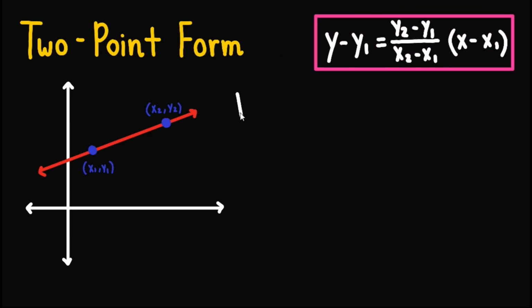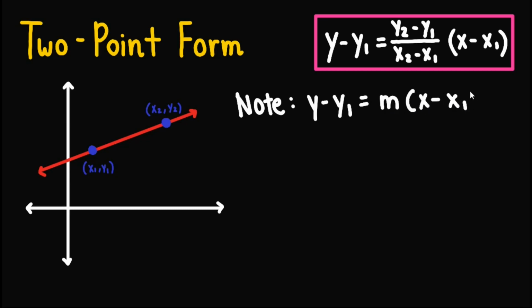First, we note that by the point-slope form, the equation of the line can be written as y minus y sub 1 equals m times x minus x sub 1, wherein m out here is the slope.